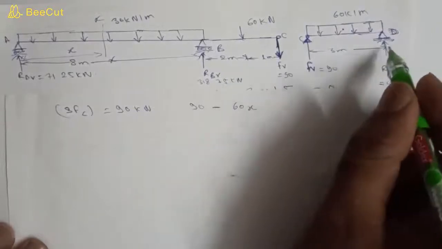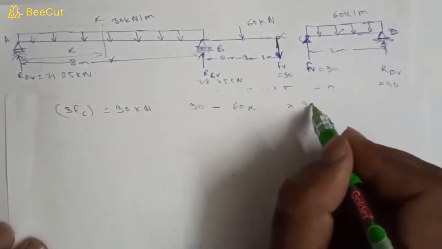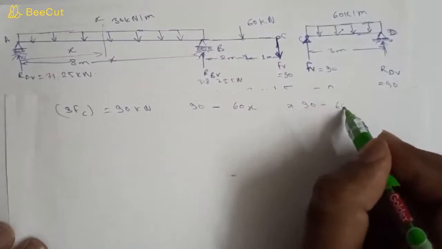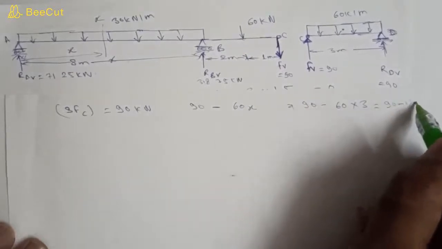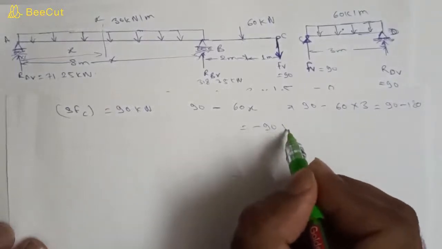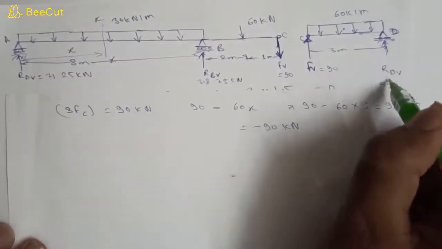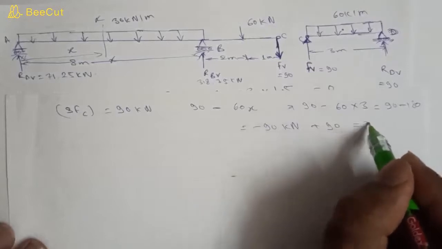So at point D it will become 90 minus 60 into 3, which is equal to 90 minus 180, which is equal to minus 90 kilonewton. And at this point it will add plus 90, so it will become 0.